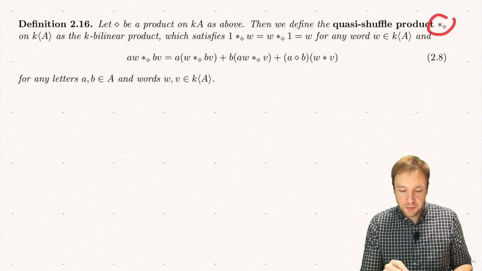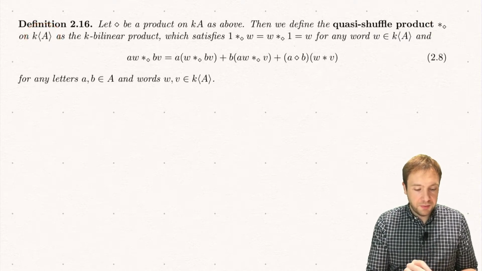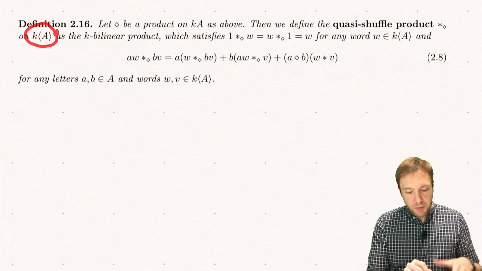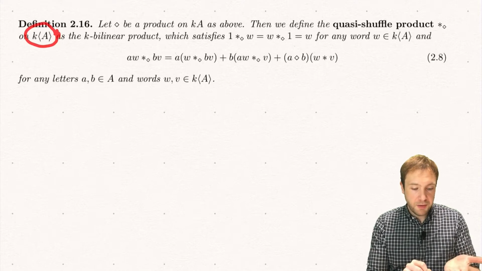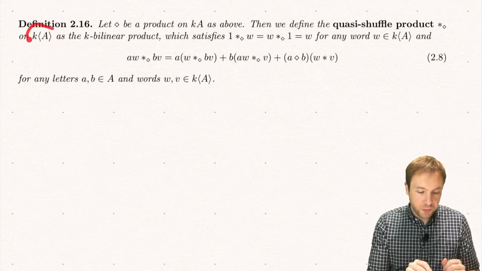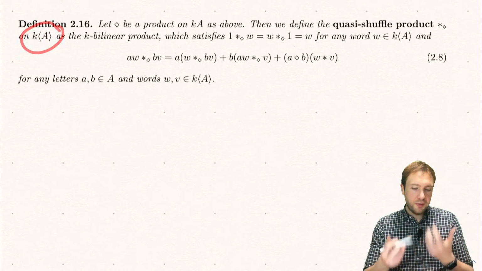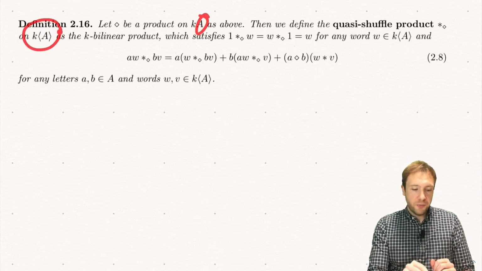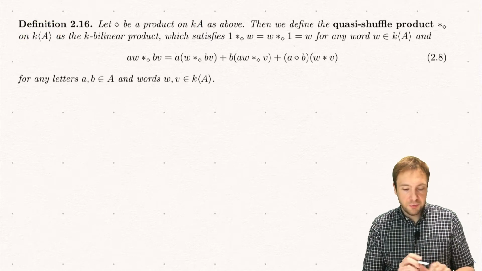This depends on this diamond, and we define it on the non-commutative polynomial ring in elements in A with coefficients in K, and you should think of this as being just words in the letters A, or more precisely K-linear combinations of words in letters in A.